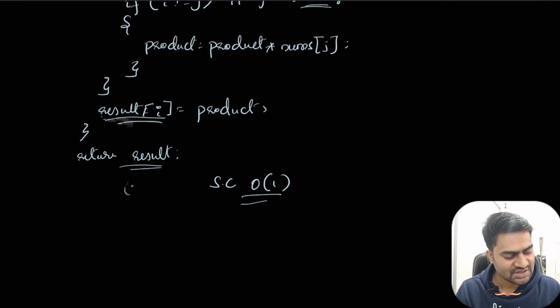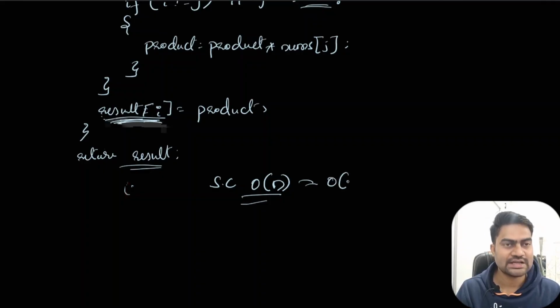Correct, right? But what they say in the problem is, if we are using this particular array to store the output, then we can consider this as in place only. So considering that, it becomes O of 1 space complexity.